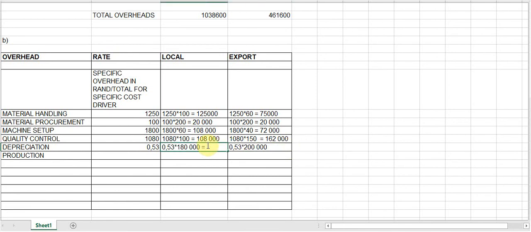Again, I'm just using my calculator to do the calculation quickly. If I times by 180,000, I get 95,400 rand. And then I'm going to take the 53 cents and times it by the 200,000. That gives you 106,000.